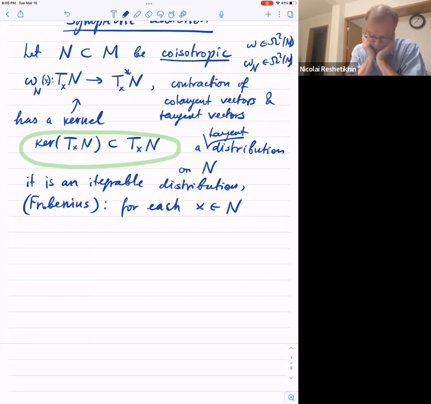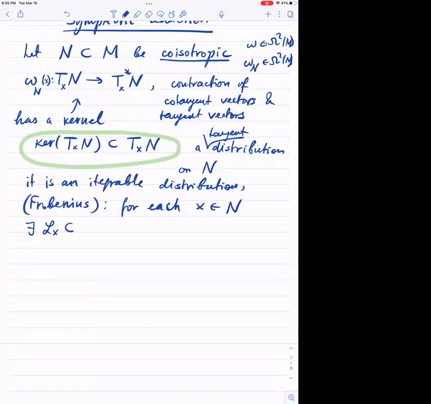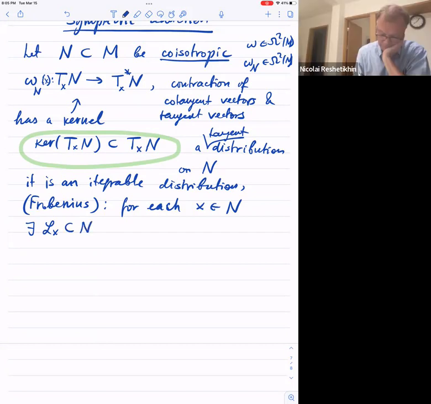So it means that for each x in N, there exists a submanifold L_x in N such that the tangent space to this submanifold L_x is the kernel of T_xM. And this L_x is called a leaf of the distribution.